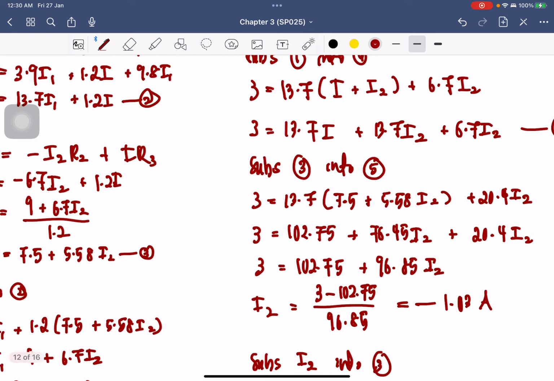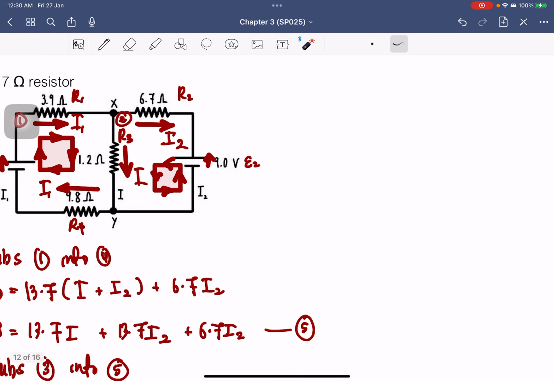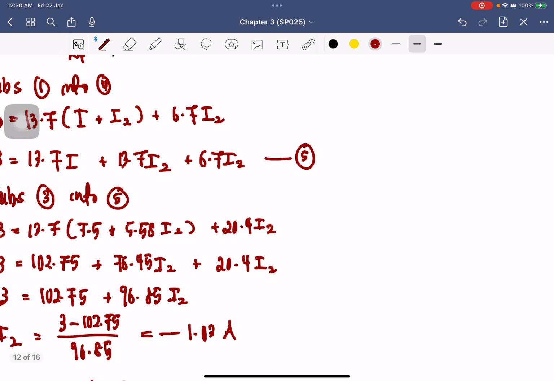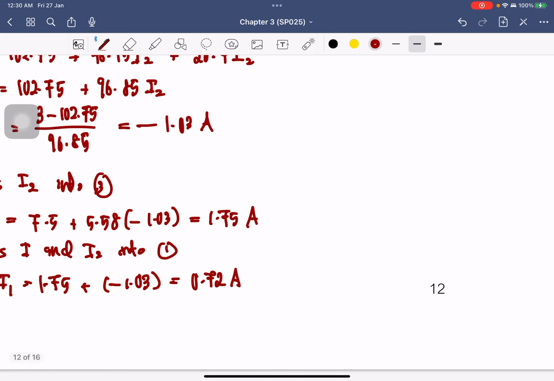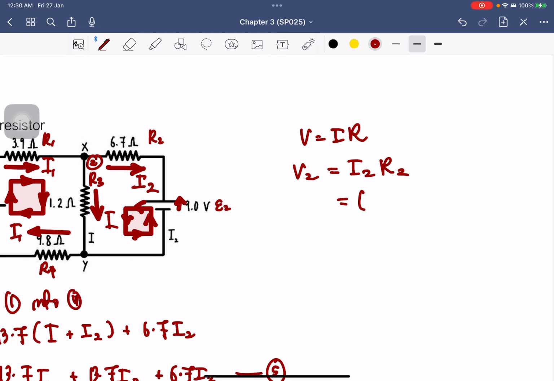So now we have to determine the potential difference across the 6.7 ohm resistor. So the 6.7 ohm resistor is this one. So we can use Ohm's law. So it's going to be V2 equals I2 R2. What is the value of I2? It is negative 1.03. So negative is just the direction, so you don't have to include the negative, I think.